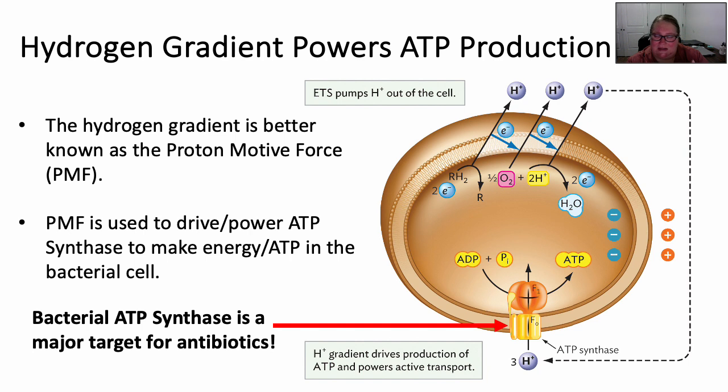ATP synthase is in these mitochondrial membranes, and we use H plus to power it, and we use the electron transport chain to generate the H plus concentration gradient. In eukaryotic cells with mitochondria, like ours, cellular respiration is very effective. We make between 36 and 38 ATP by the time we're done, and most of it is made in that last step using ATP synthase.